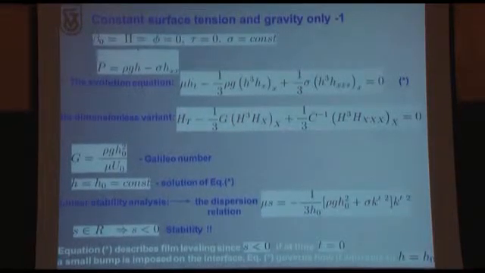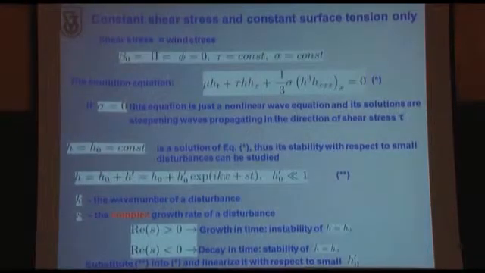Let's see what we can see from the analysis. We find this constant solution to be a solution of the equation. Let's make the linear stability analysis. Again, we do the same as yesterday. Let me remind you. Let's assume that there is a disturbance, where s is a complex growth rate, k is a wave number, and the disturbance h1 is much smaller than h0.